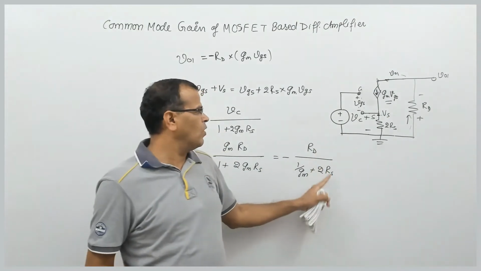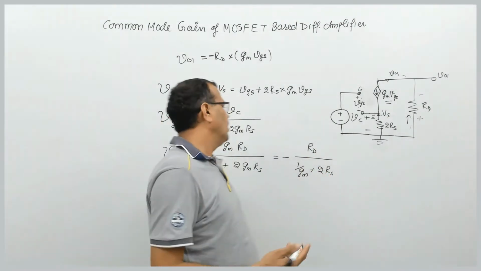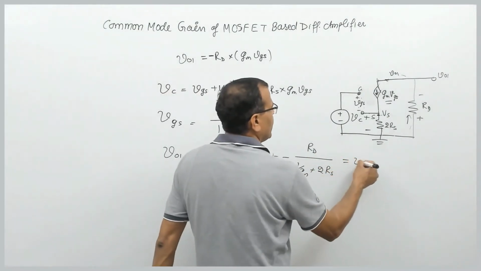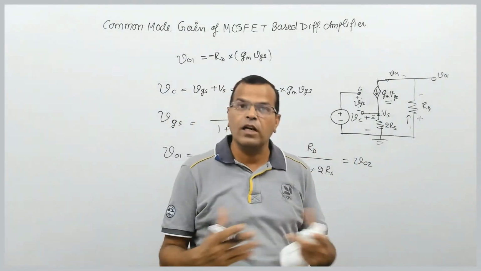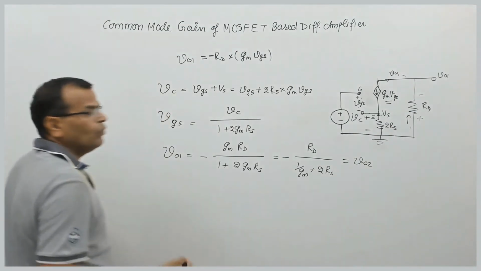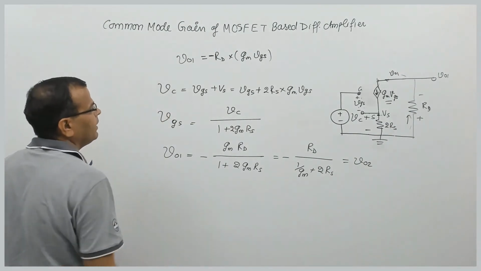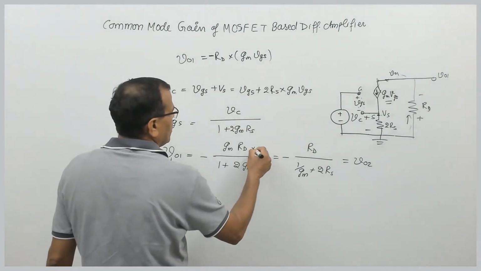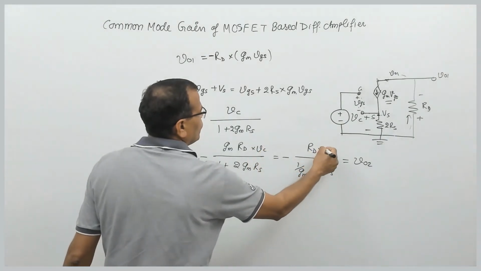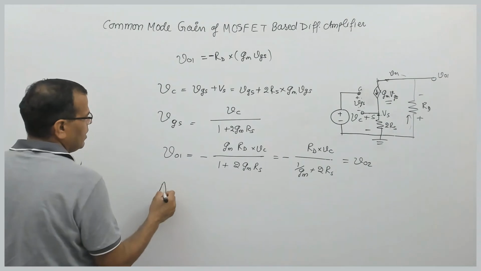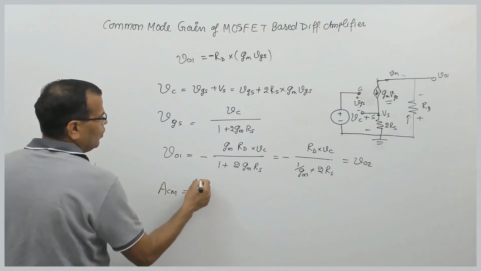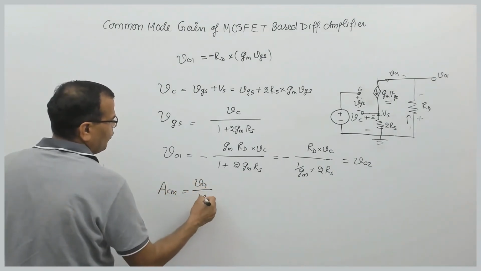Since I am taking all values equal, that will be equal to V02 as well. Why? Because the circuit is identical. All signals are identical, so that will be equal to V02 as well. Fine. I have not taken voltage VC here, so that is voltage VC. So the common mode gain for this will be equal to V01 upon VC.